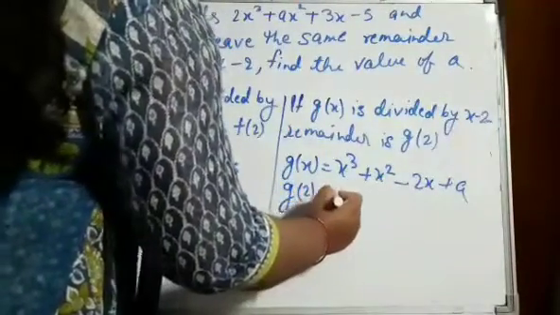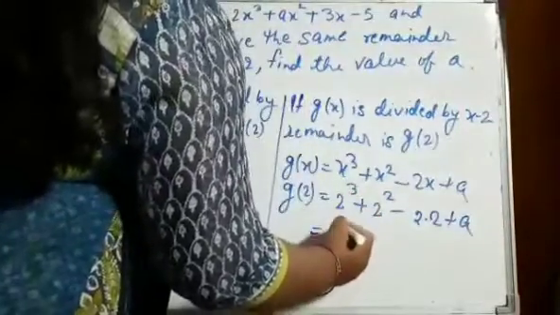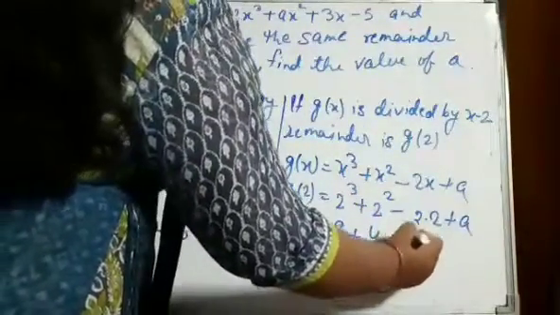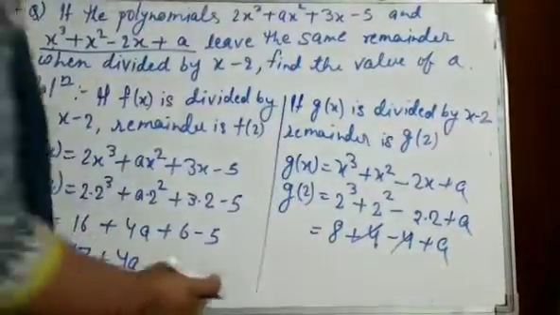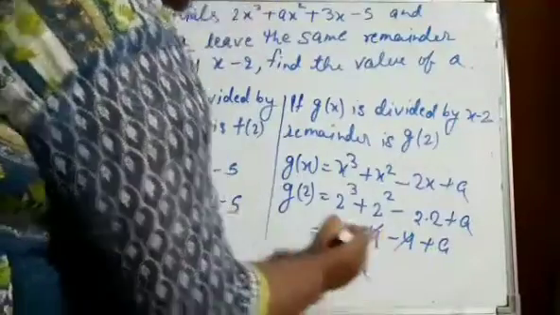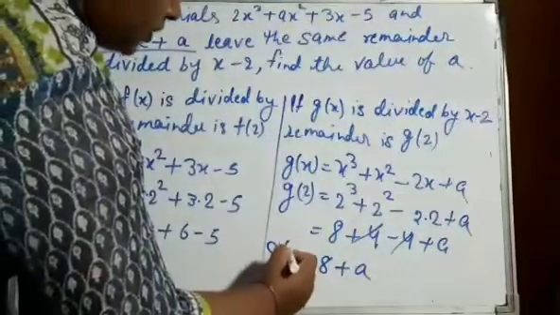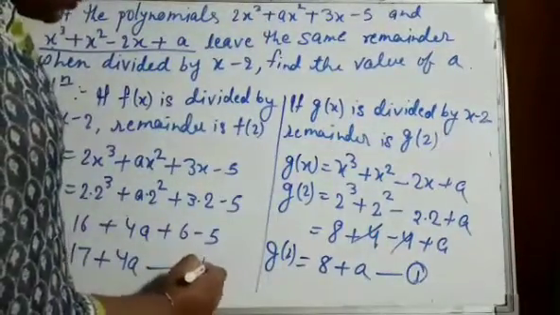Calculate g of 2. It is 2 cube plus 2 square minus 2 into 2 plus a. So 2 cube is 8 plus 4 minus 4 plus a. Plus 4 and minus 4 get cancelled and we have 8 plus a. Call g of 2 equation number 2 and f of 2 equation number 1.